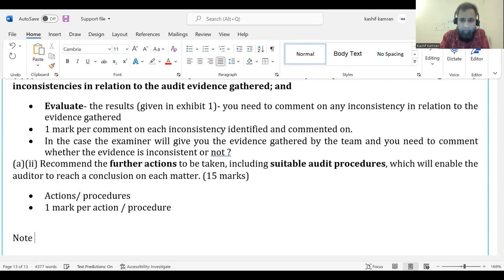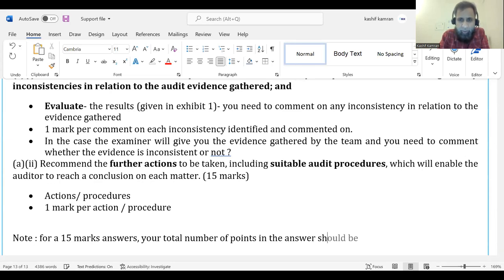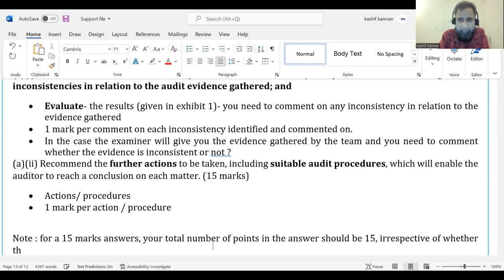Note, for a 15 marks answer, your total number of points in the answer should be 15, irrespective of whether they are procedures, actions or comments on inconsistency. Is that clear?